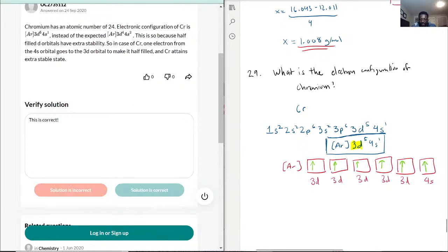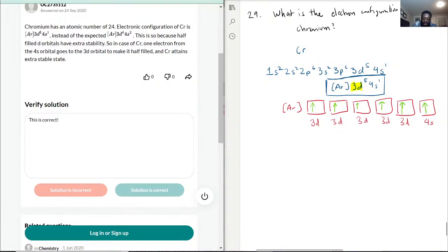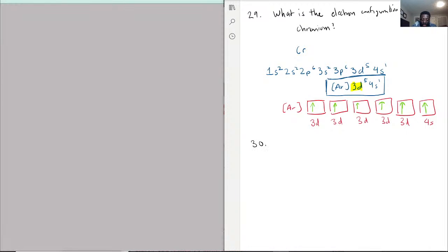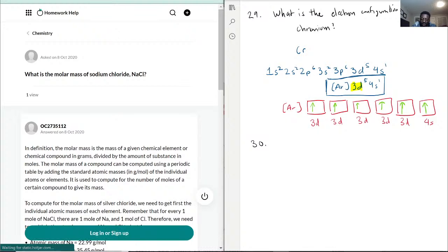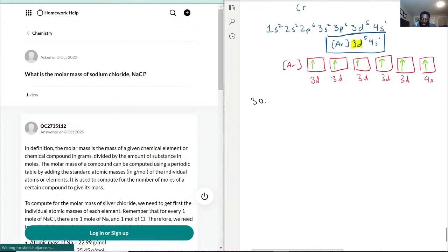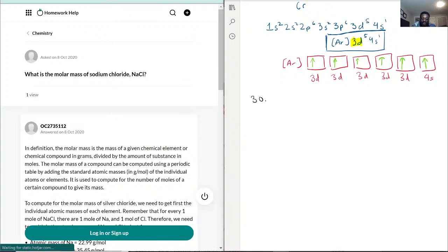Okay, now let's go with question 30. Hopefully it's loading a lot faster. Nice. This is a very nice, straightforward question to end the night with. What is the molar mass of NaCl?